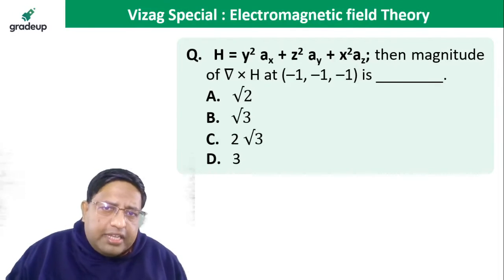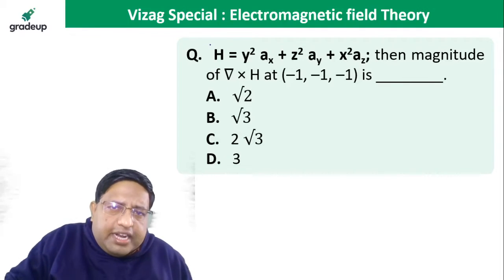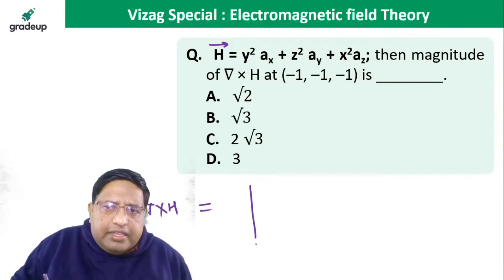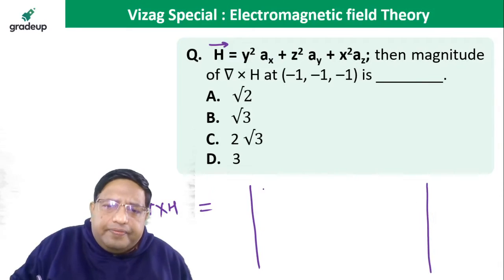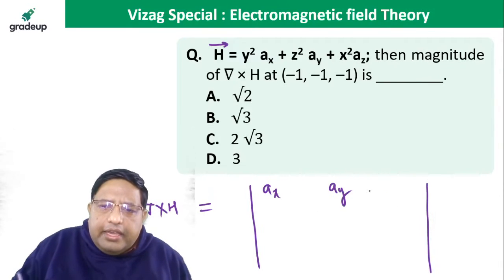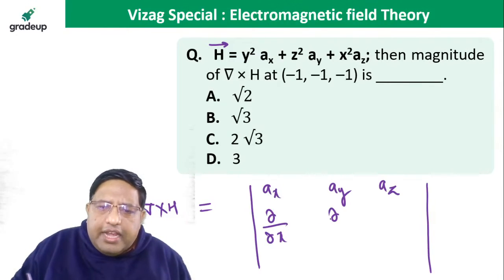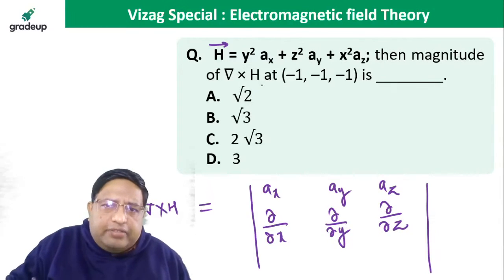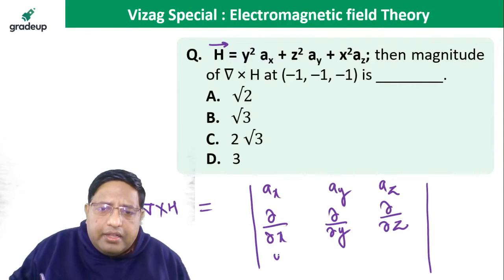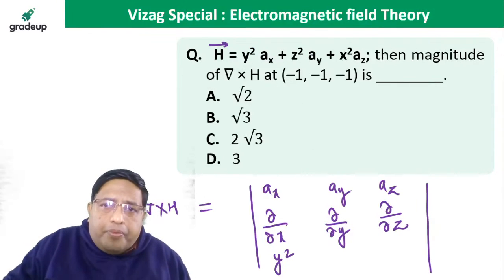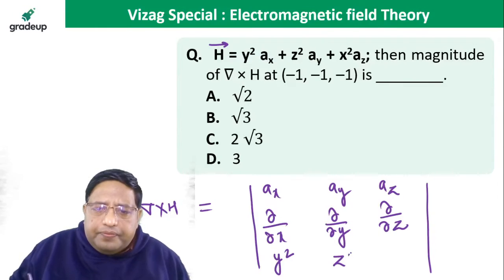What is the del cross H? So if I calculate the del cross H, it is AX, AY, AZ; del by del X, del by del Y, and del by del Z; and the H vector has Y square as the X component, Z square as the Y component, and X square as the Z component.